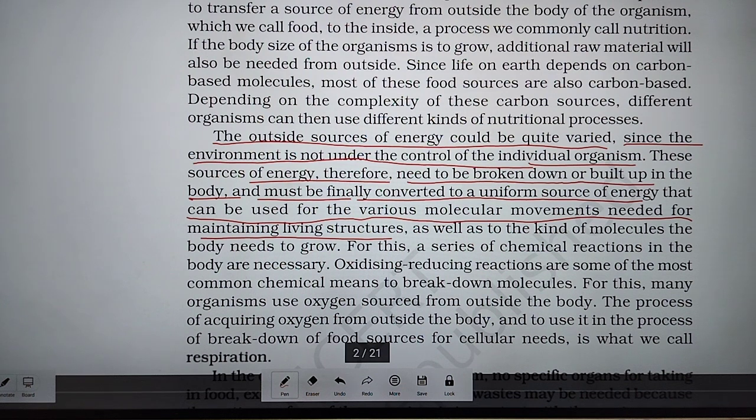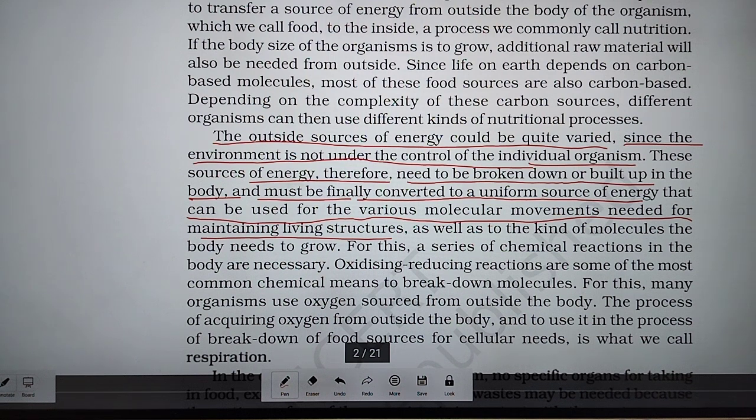So this source of energy needs to be broken down or built up in our body.